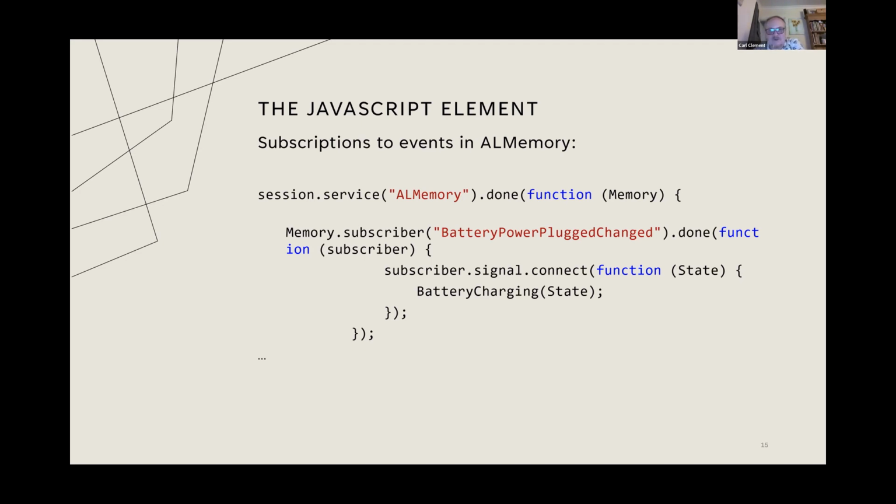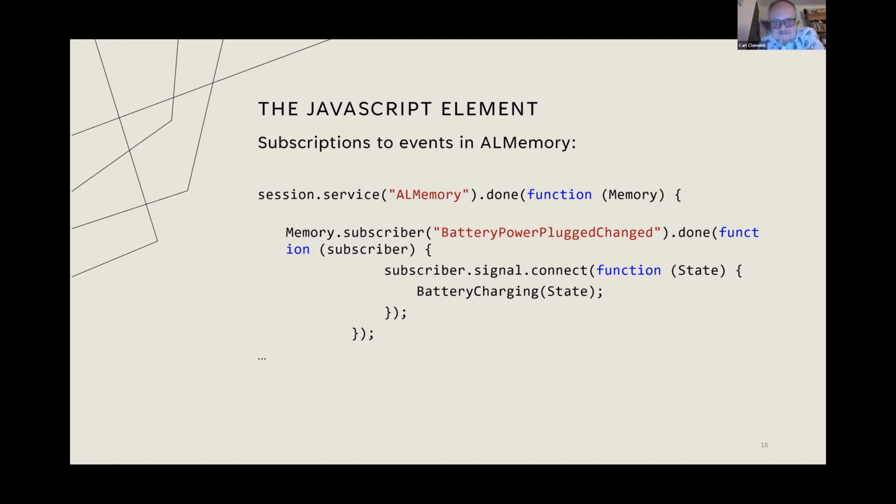And one of the things we'll look at is how you can raise an event from your HTML interface. But the example that we've got here on the screen is actually reading a value that might be changed by the robot.